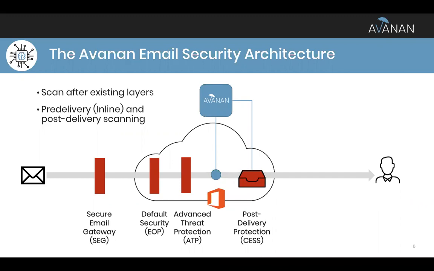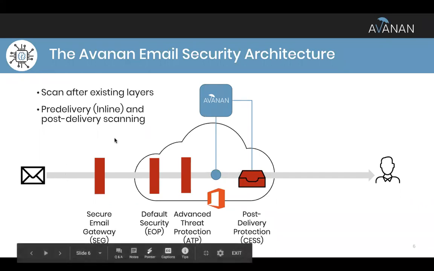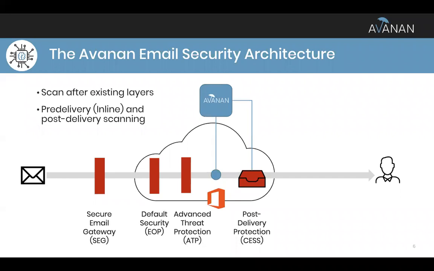Because we're sitting behind Microsoft, behind EOP and ATP, and even in many cases your SEGs, our AI, our machine-based learning algorithms are focused on the things that your other layers miss. We're not focused on every attack under the sun. We're focused only on those things those other layers of security miss. And that's another benefit to where we're deployed: we are sitting behind those existing layers.